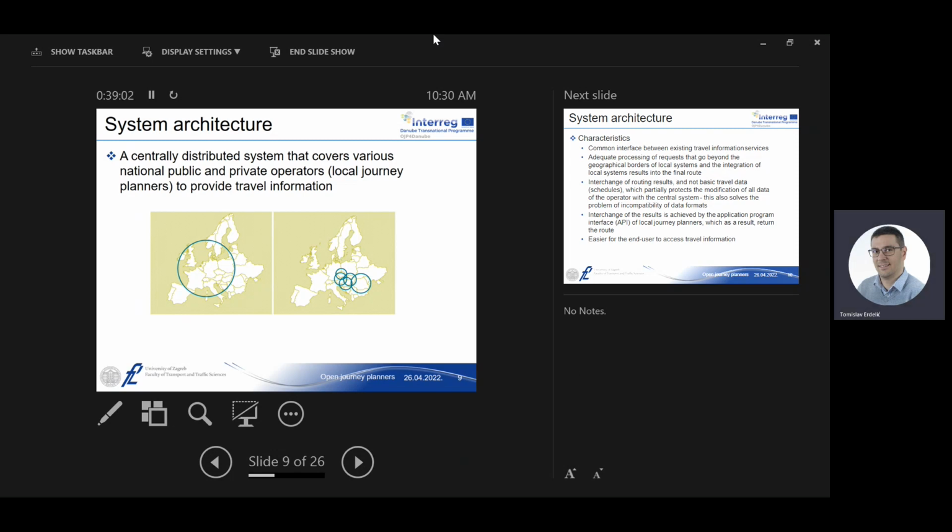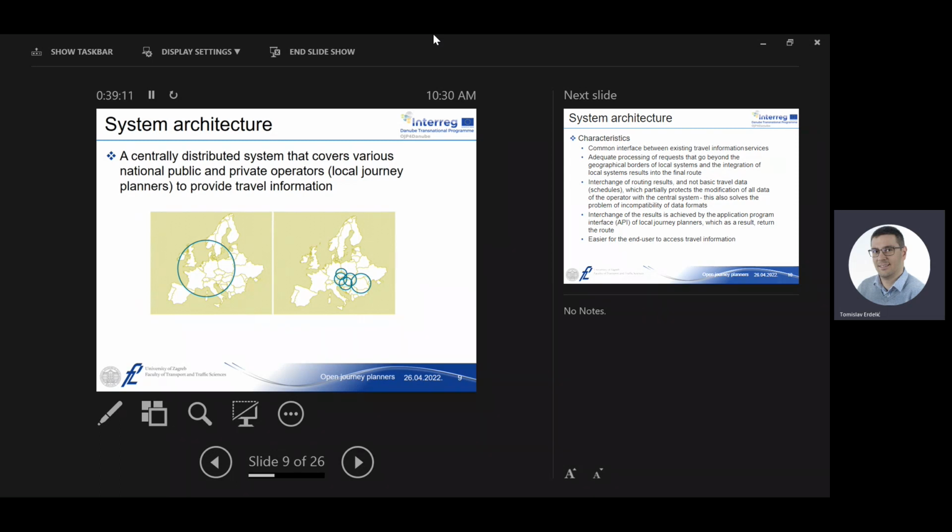So basically, if I want to travel from Zagreb to Bucharest, I enter the local journey planner in Zagreb in such a system, and I enter that I want to go to Bucharest, and it needs to recognize which other journey planners it needs to contact.